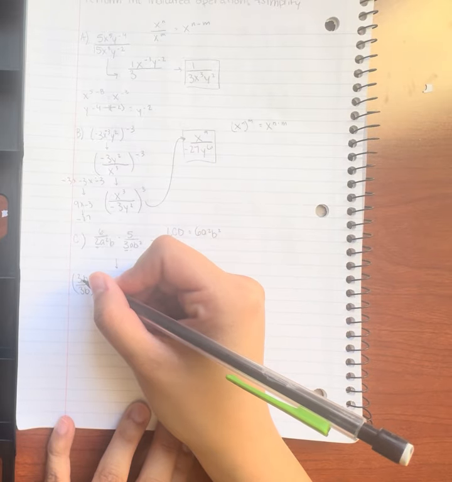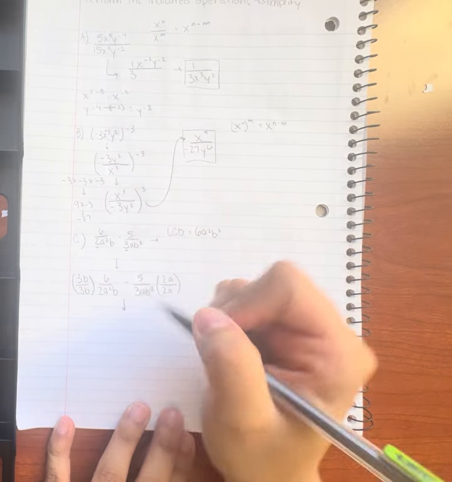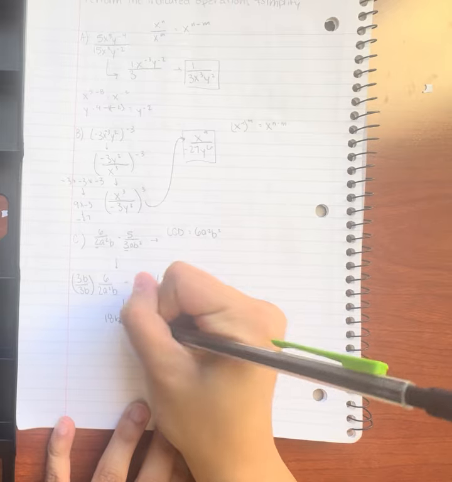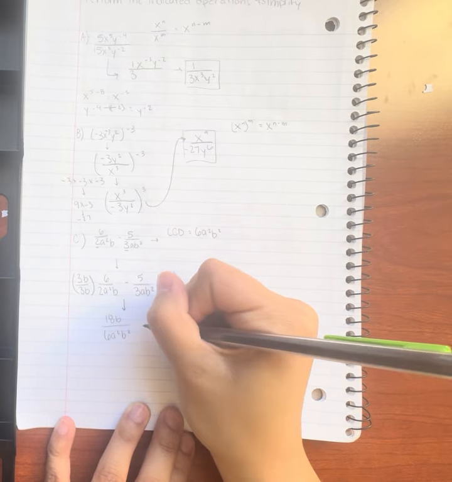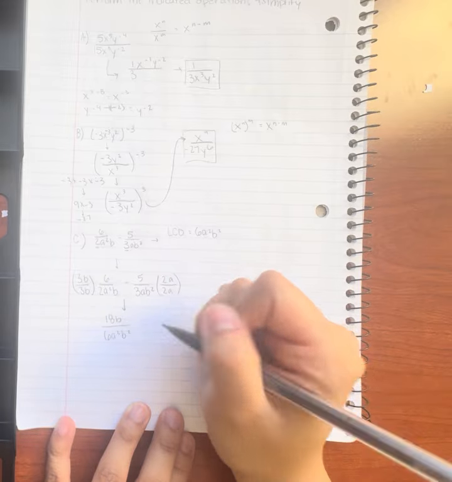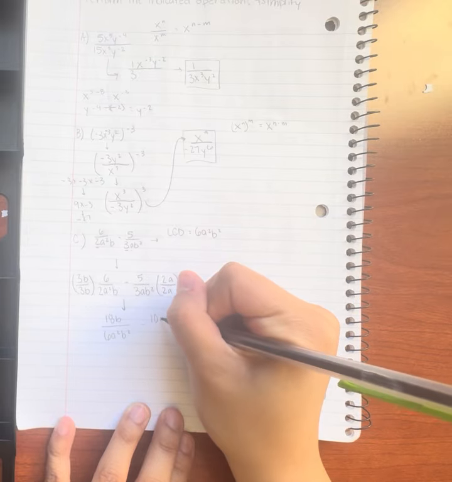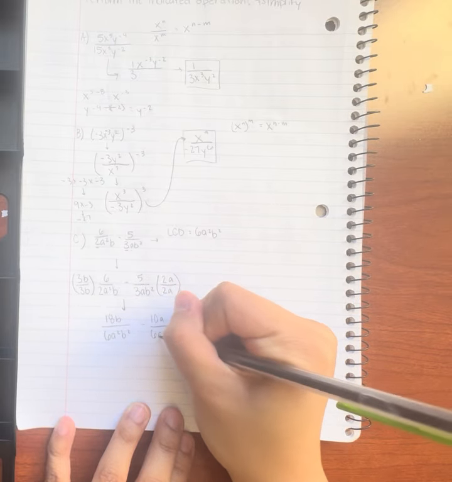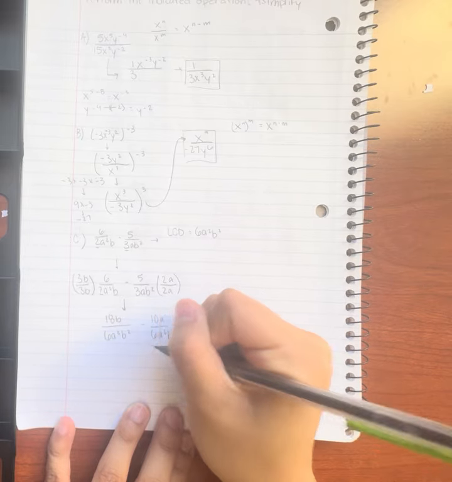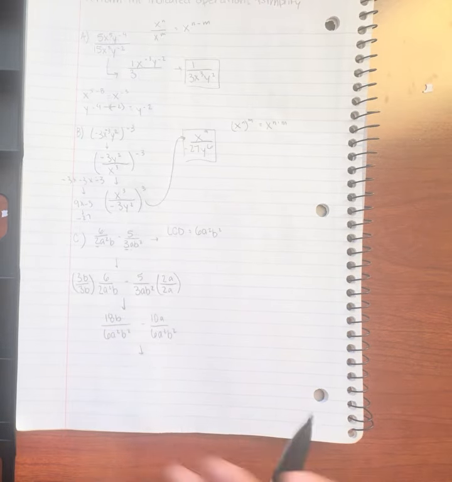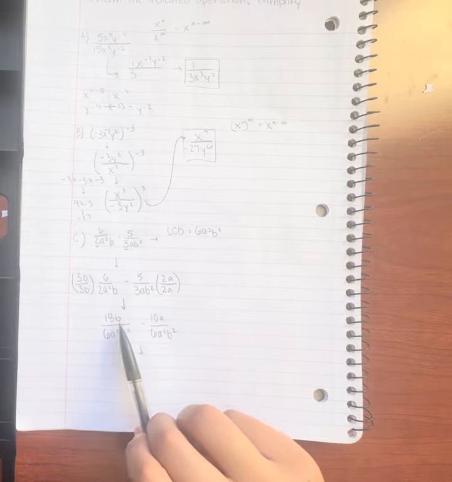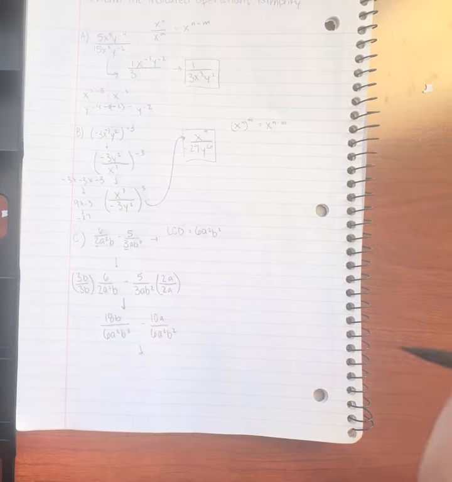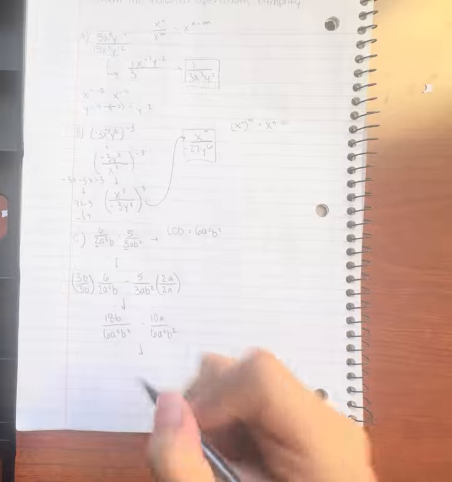So 3b times 6 is 18b over 6a squared b squared. 5 times 2a is 10a over 6a squared b squared. And since we're subtracting and not multiplying, because these have different variables, they cannot be combined because they're not common like terms.